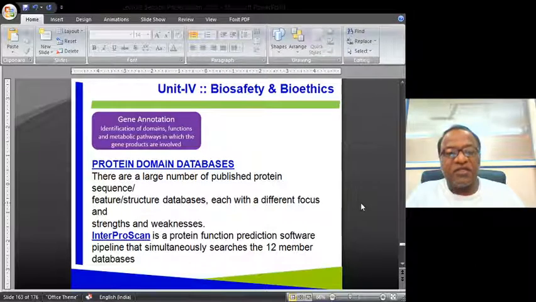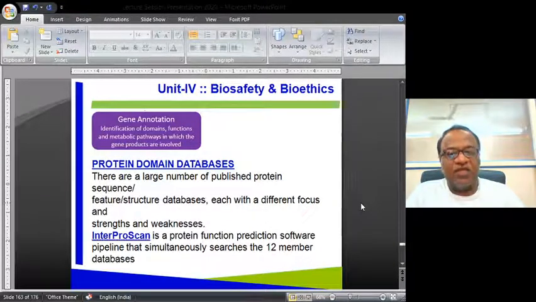Following gene prediction, next step is gene annotation. That is, it is the identification of domains, functions, and metabolic pathways in which the gene products are involved.